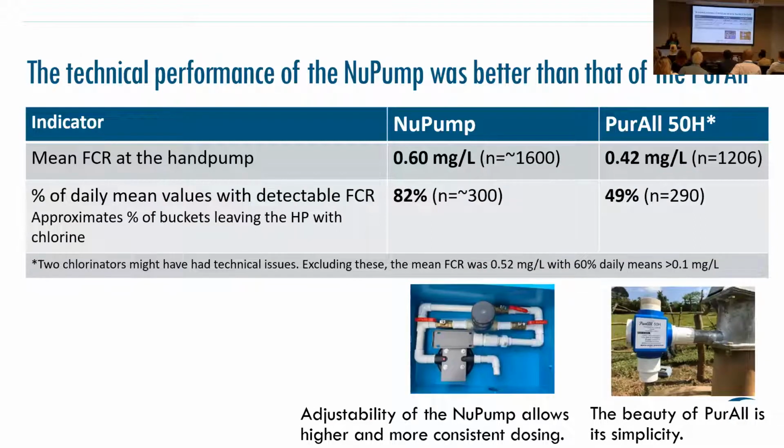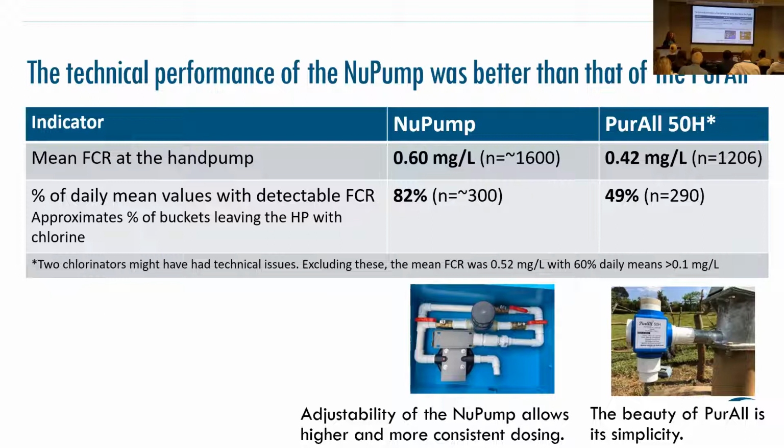So the technical performance of the two hand pump chlorinators was not perfect. As we just heard, there's a lot of variability in this type of technology. I'm reporting here the mean free chlorine residual at the hand pump level, and then the percent of those daily values that we found with detectable chlorine. For the new pump, the performance was slightly better.